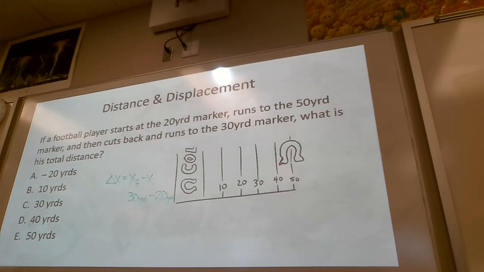Same scenario, but what about the distance? Tell your neighbor.